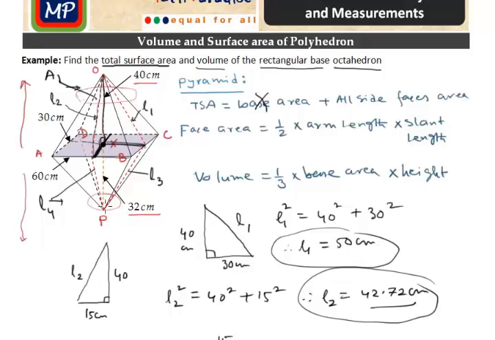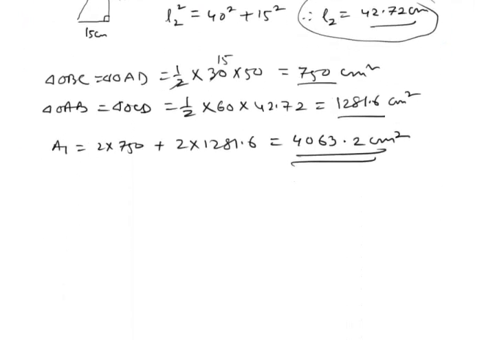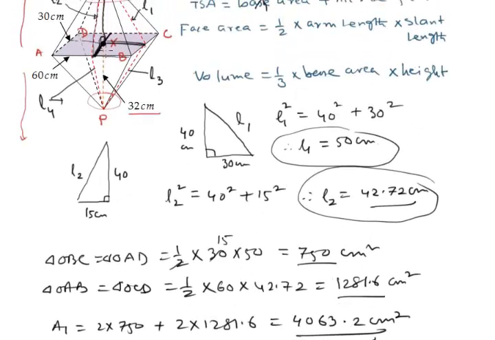So we will take this triangle with P and this point. This is our P, and this is our slant length L3. This height is given as 32, and this length is half of AB, which is 30.